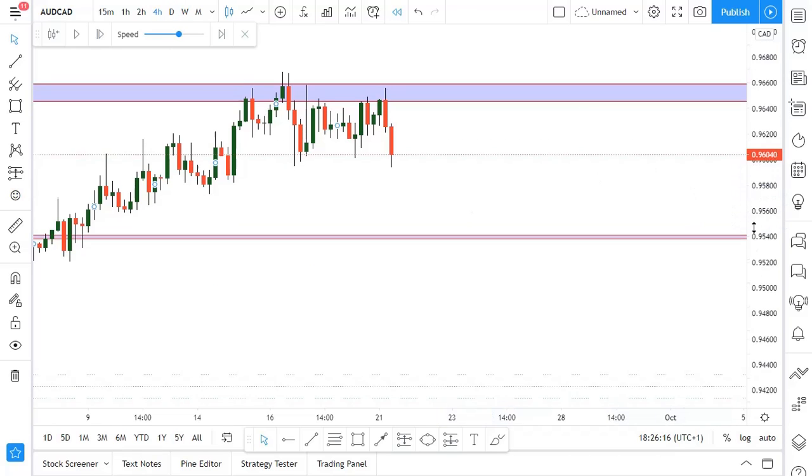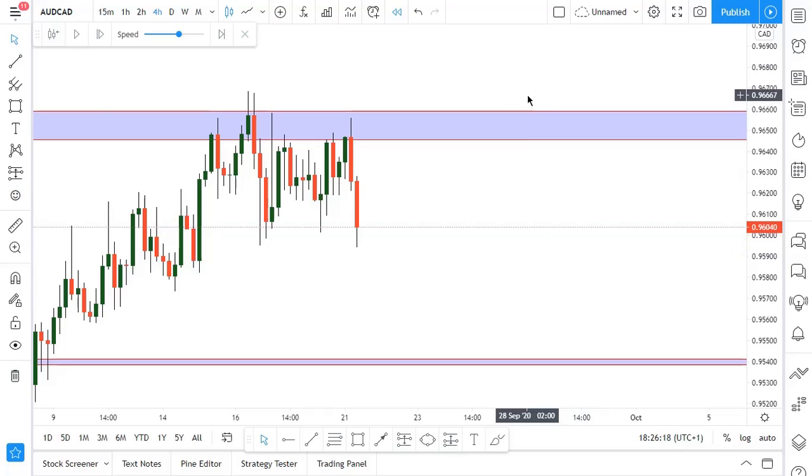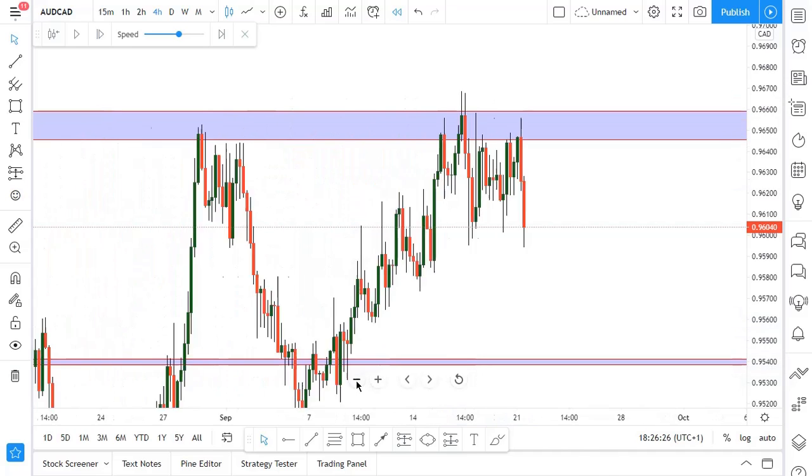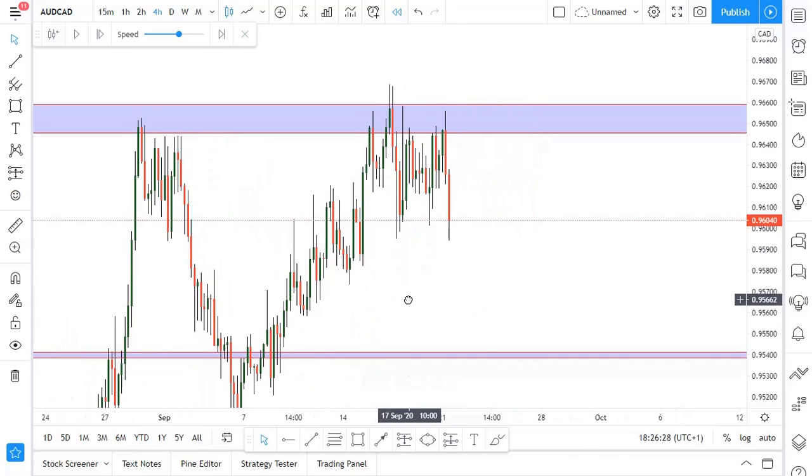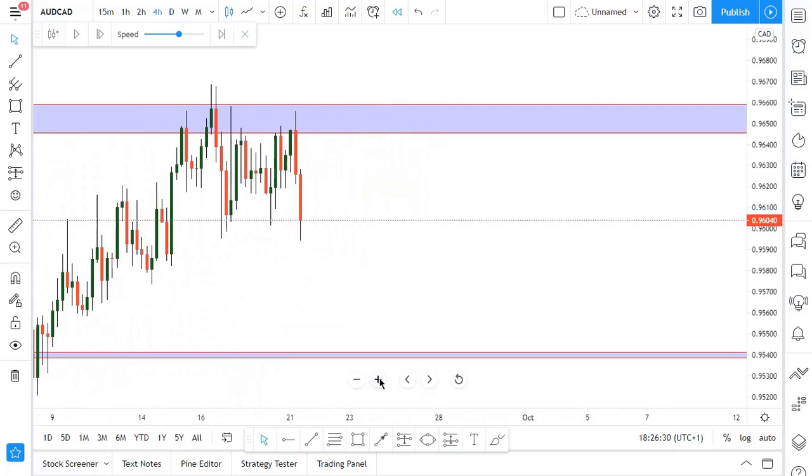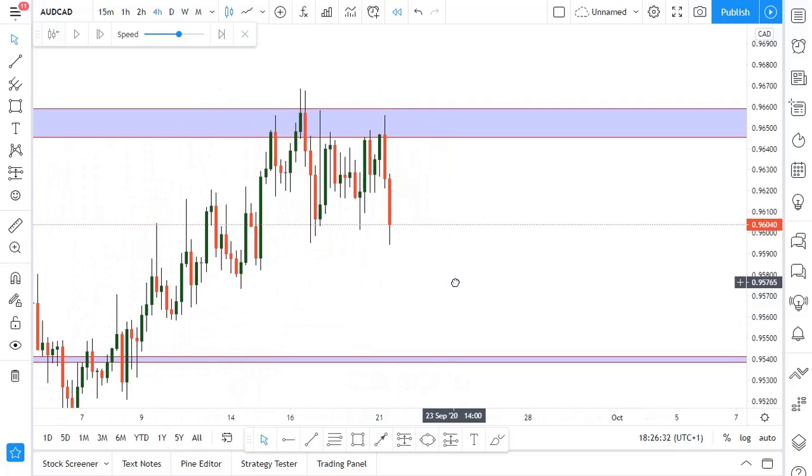Now, from the 4-hour time frame, you see the structures we identified from the daily time frame, the resistance here and the support here. And from the 4-hour time frame, we can also identify another very good structure that is valid and has been tested up to like 4 times.